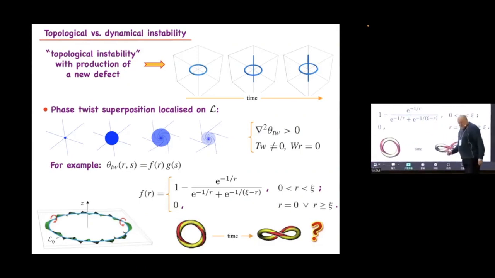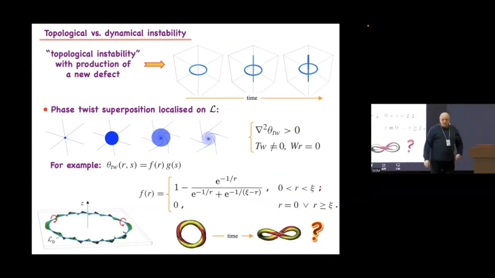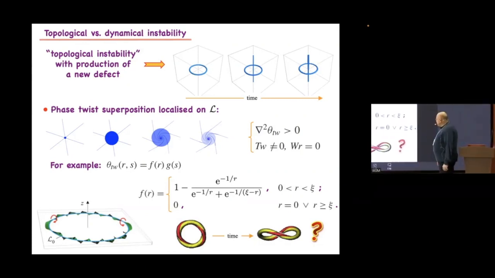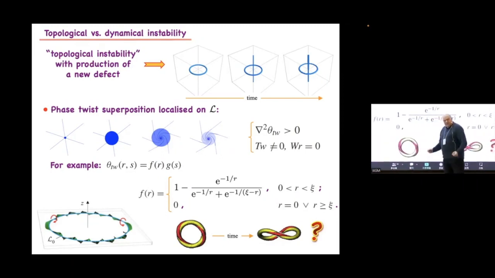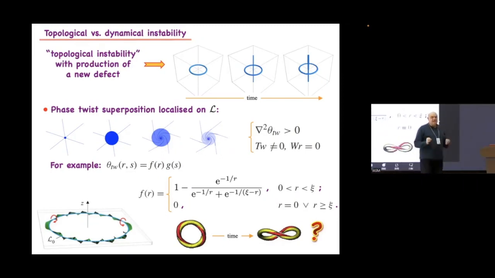This is a picture taken from an old paper by Paul Sutcliffe. And, you know, of course, this is a different topic and in different directions. But imagine that you have a rubber band that has some twist, and this twist is unnatural. You force the rubber band with some twist, then what would it do?